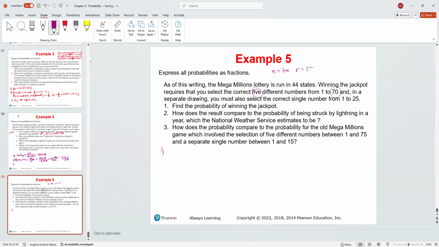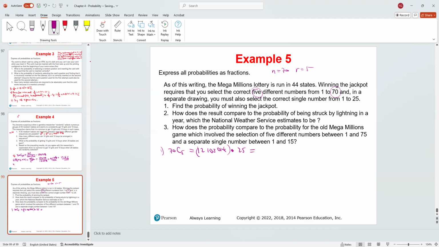First of all, you need to know how many different ways. If you do 70 combinations of five, your calculator would give you a big number, which is 12,103,014. But remember, in a separate drawing you must also select the correct single number from 1 to 25. Whatever you find here, you must multiply by 25, because of the 25 possible Mega Millions numbers.